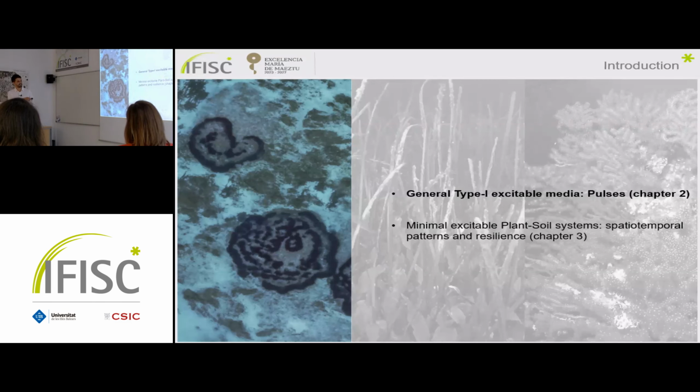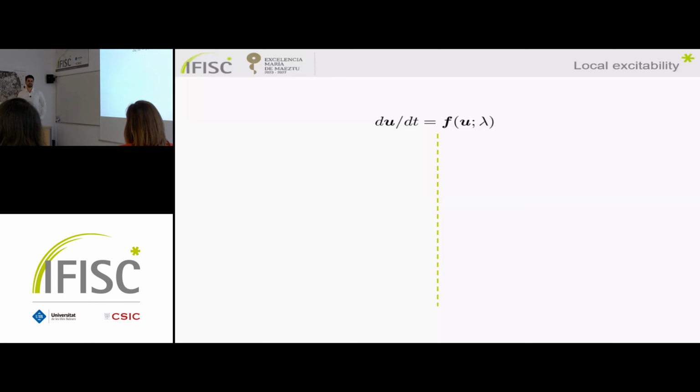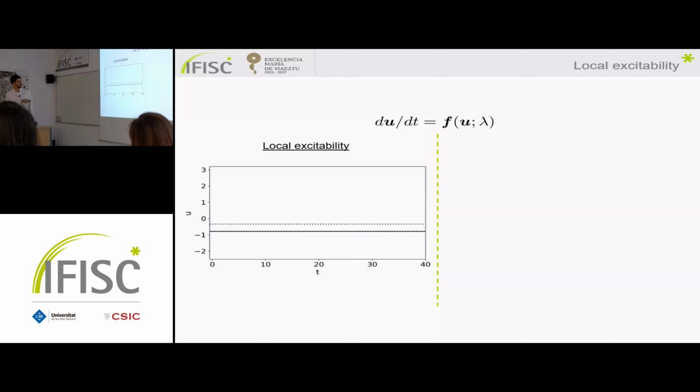So let's start with the beginning, with the general type 1 excitable media model. And well, first of all, what is excitability? We say that one system is excitable, for example, a system defined by a system of ordinary differential equations, if we have a rest state, here represented as this black line here, and this rest state is stable.